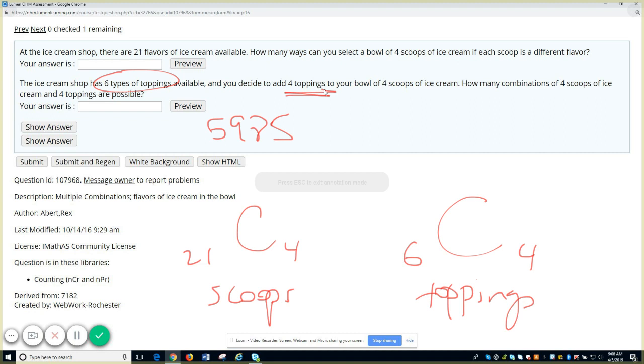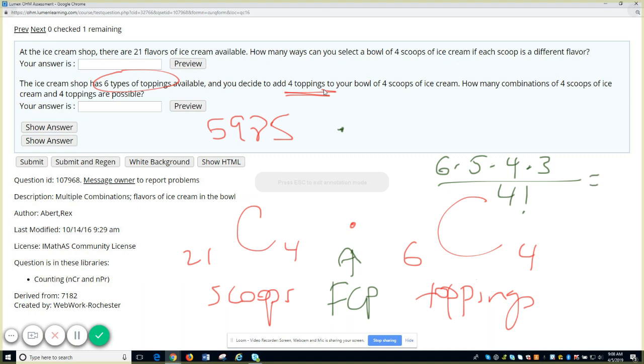And then once we figure out the number of toppings, we're going to use the FCP, the fundamental counting principle, the multiplication principle right here, to multiply the 2 counts together to find the total number of the different combinations of combinations. To find this value, I would do 6 times 5 times 4 times 3 over 4 factorial.